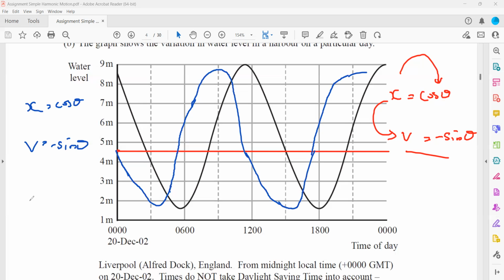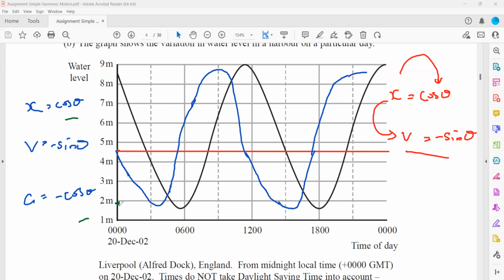And if there was an acceleration graph, then the derivative of sine is cosine. So it will be minus cosine graph. So if they ask the same question, like sketch on the grid the acceleration time graph, it should start with, like, both are actually mirror images of each other. If this was cosine, this will be minus cosine, means it will start with a negative value and then it will continue.